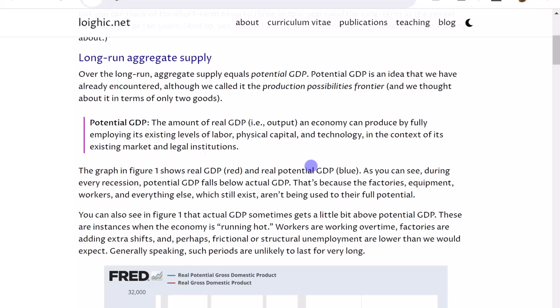Okay, so that's just to say that an economy, that is a society, is using everything it has, workers, factories, knowledge, to make goods and services, but without breaking the law, destroying the environment. It's not using child labor. It's doing everything above board, but it's using its full capacity to do so.